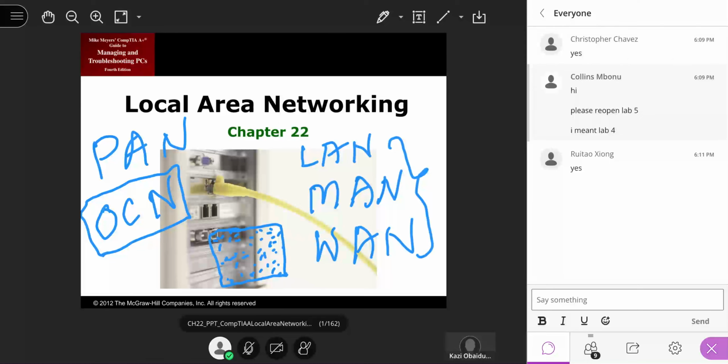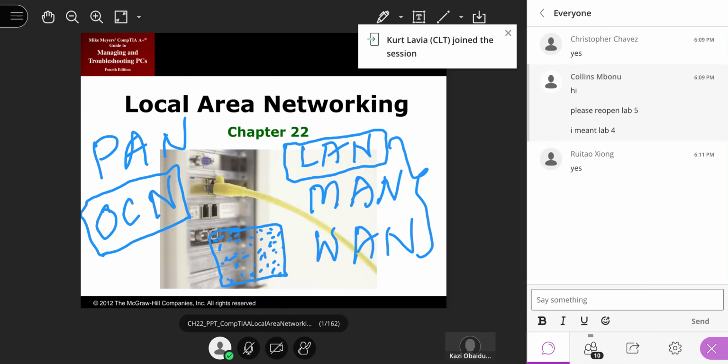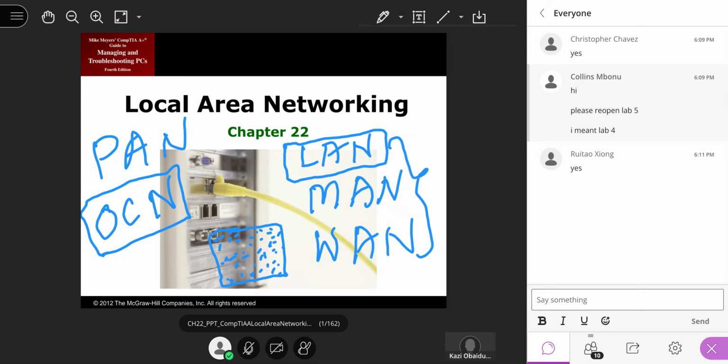So the primary thing to understand is the LAN. If we understand LAN well, then we can understand the MAN and the WAN also.